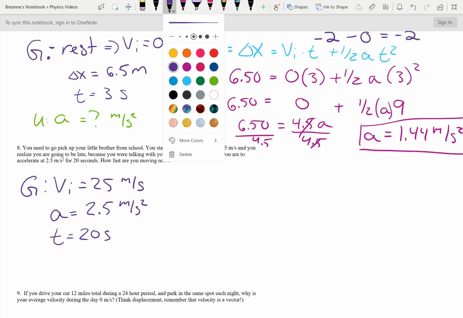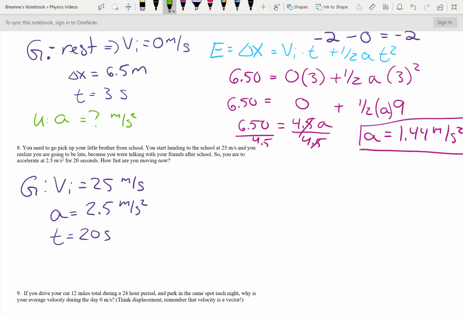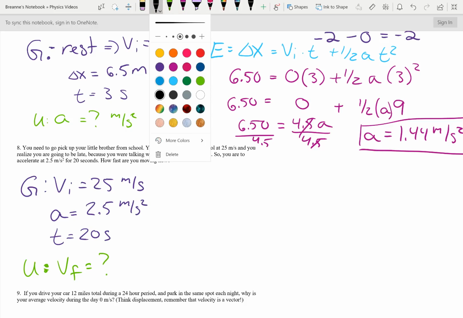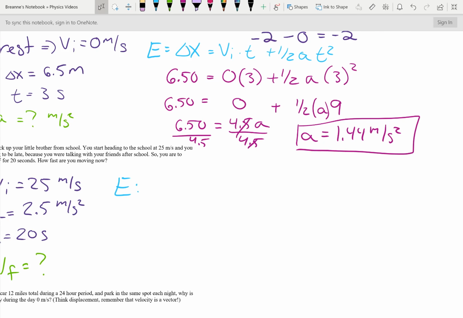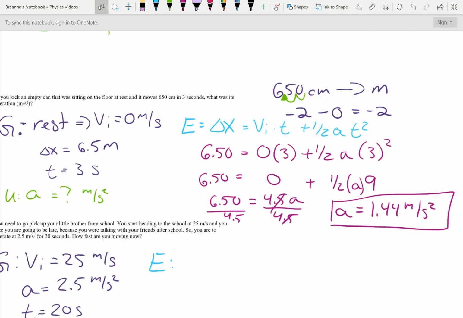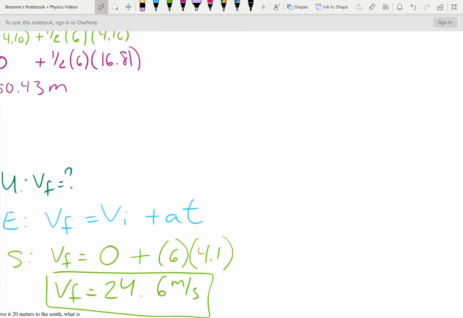Your unknown, you're looking for how fast are you traveling now. So you're looking for your final velocity. Equation. So let's go to our equations. We're looking for final velocity, so final velocity has to be in our equation.